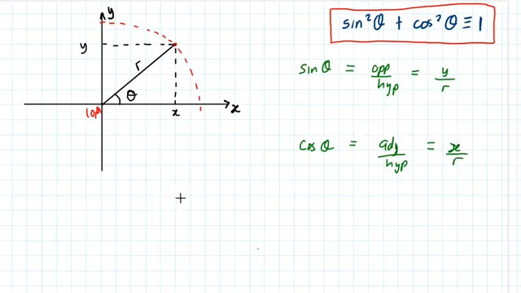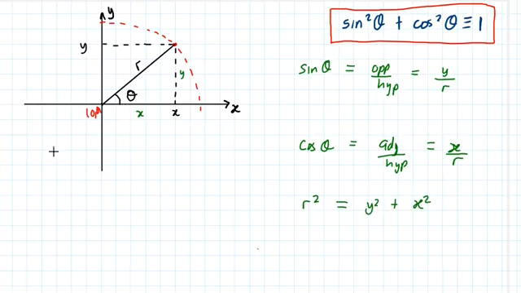Now we need to link our sides, our lengths y and x, with r, so we can use Pythagoras theorem. So Pythagoras theorem, we say this bigger side and the two smaller sides. So we have r squared is equal to y squared plus x squared.